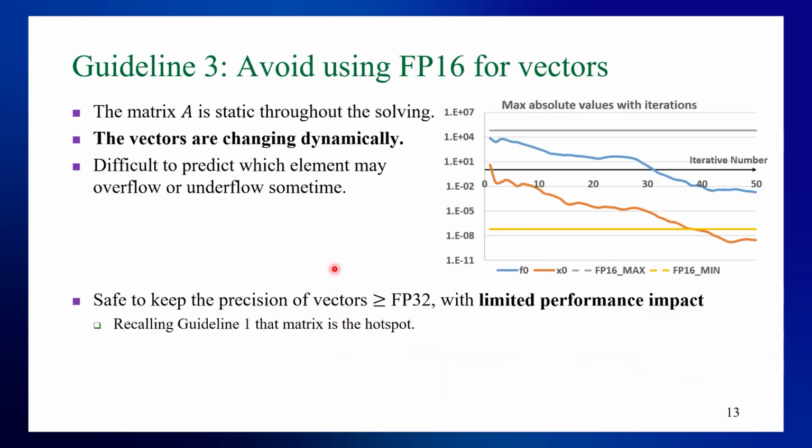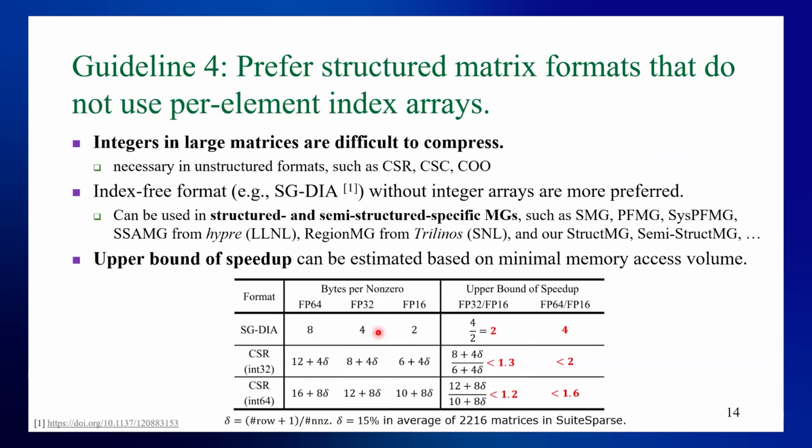Guideline 3 says we should avoid vectors in FP16. Different from the matrix A, which is given and static, the vectors change dynamically. It is difficult to predict which element may overflow or underflow at some time. Therefore, we should keep the precision of vectors not lower than FP32, and that only introduces a limited performance impact. The final guideline is to prefer structured matrix formats that do not use per-element index arrays.